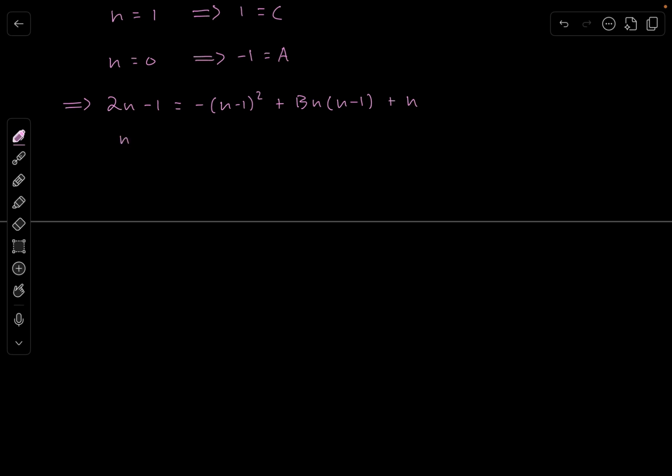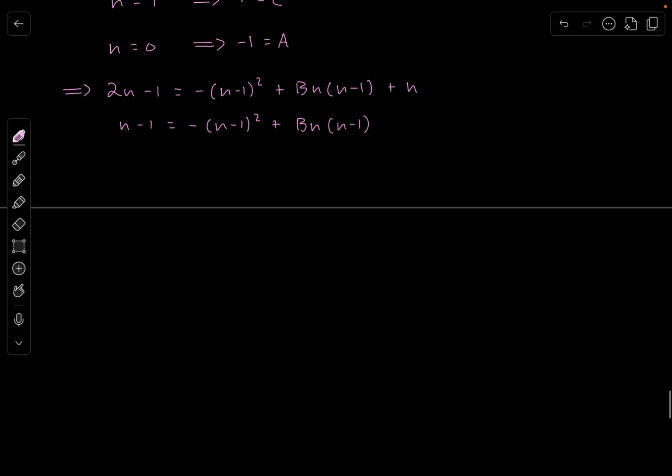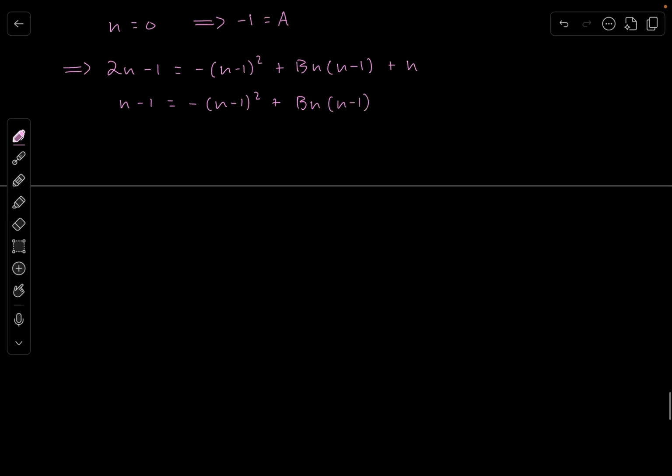n minus 1 is equal to negative n minus 1 squared plus bn times n minus 1. And then you can see you can divide out by n minus 1. And that gives you 1 is equal to bn minus n minus 1.